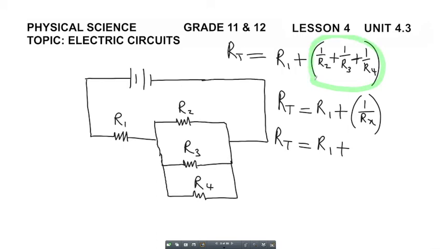If I have to be more specific, remember I said we are interested in finding 1 over Rx, which will equate to 1 over R2 plus 1 over R3 plus 1 over R4.